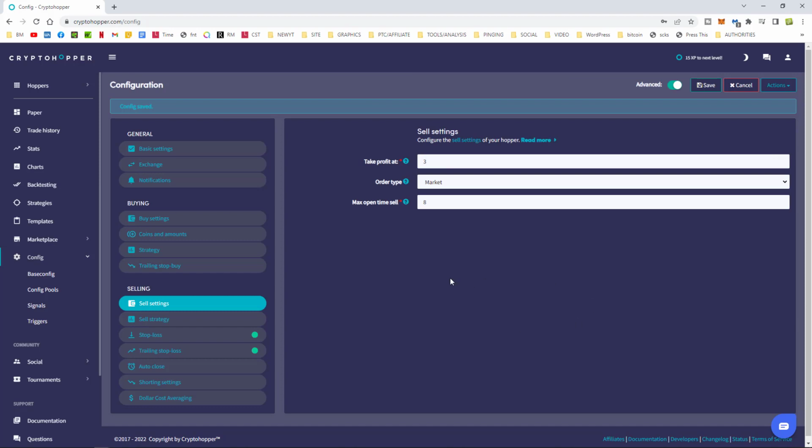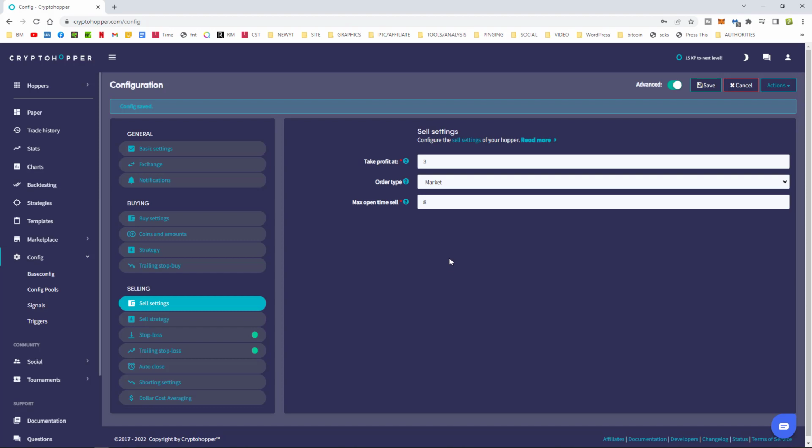That would basically mean it sells anything as soon as it gets to 3% profit. Now, what would happen if something's going to go up 25%? Well, if you have 3 selected in there, it's tough luck, mate. You're going to sell at 3%, even if it goes up another 22% after that.